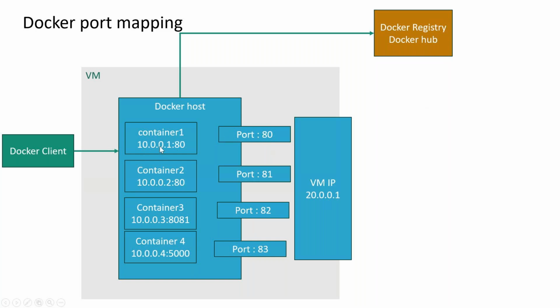I don't need to provide the IP address, just the container name, with hyphen p for the port mapping, which port I'm trying to connect to. So port 80 connects to port 80, port 81 connects to port 80, port 82 connects to port 8081 with this container, and port 83 connects to container 4 at port 5000.